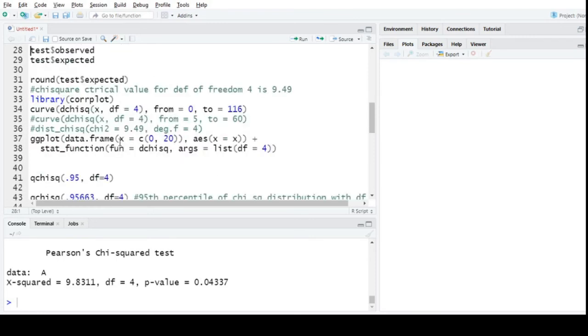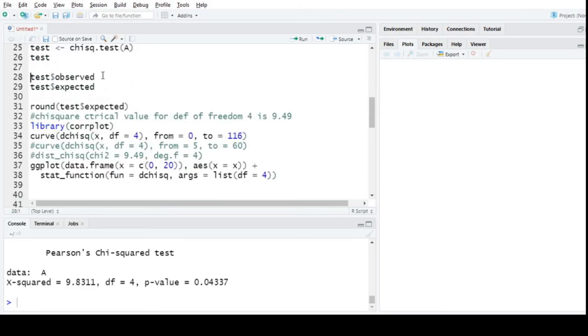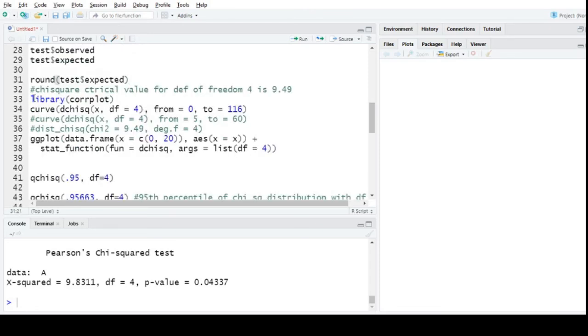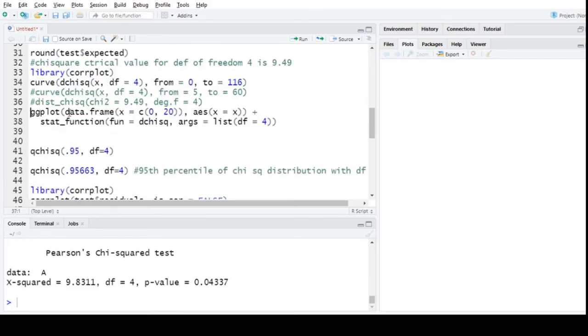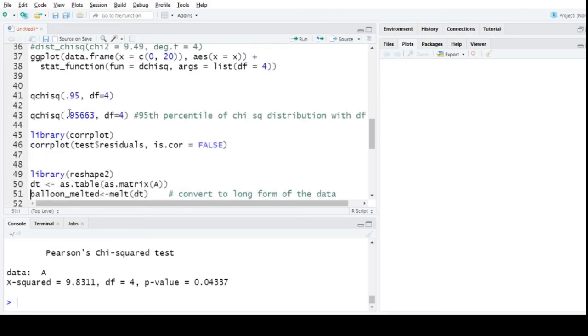Okay, so quickly I will show you some of the interesting charts that you can plot here. There are a lot of values that you can see, the observed and the expected, which I showed you. This is one we can plot. I don't want to plot this one, so let me plot this particular one.